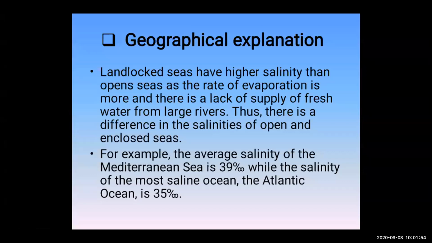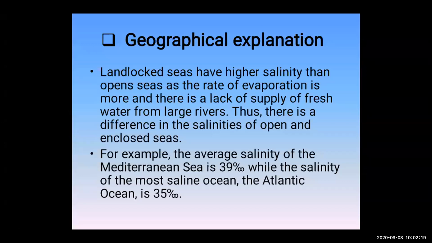Yes, with this geographical explanation, what we have understood is that an example of a landlocked sea is the Mediterranean Sea. It is between Asia and Europe in the world map. You all have seen the world map. The Mediterranean Sea is between Asia and Europe, and all four sides are covered with land. So that's why it is known as a landlocked sea.